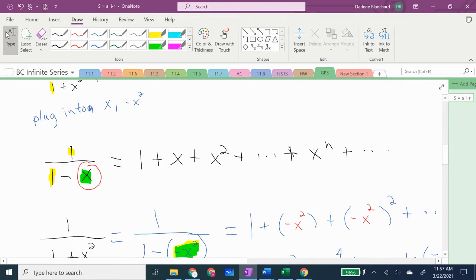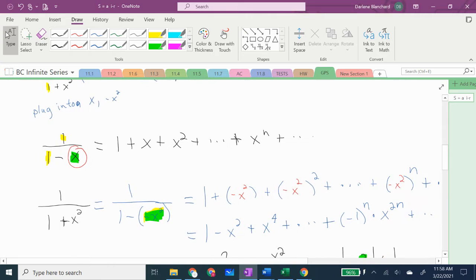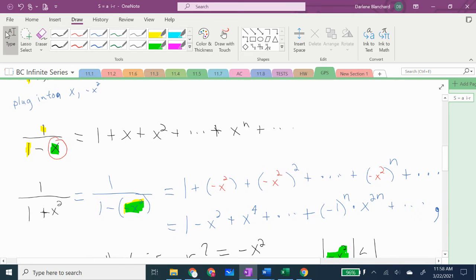and then you substitute in that negative x squared, and you want to simplify that. Notice that with the even exponents, this negative sign disappears.